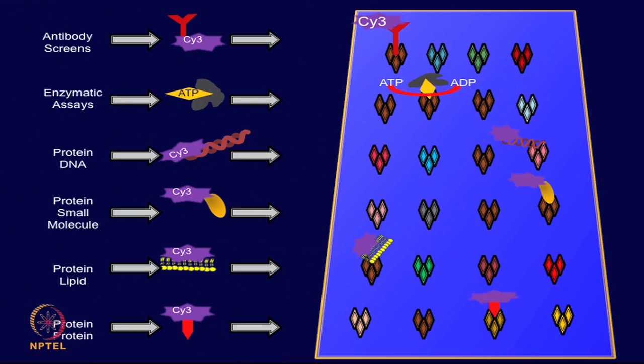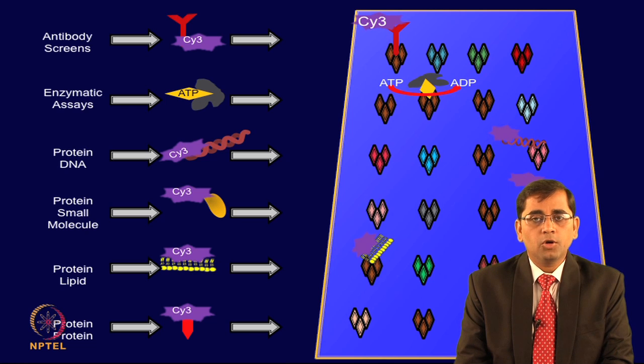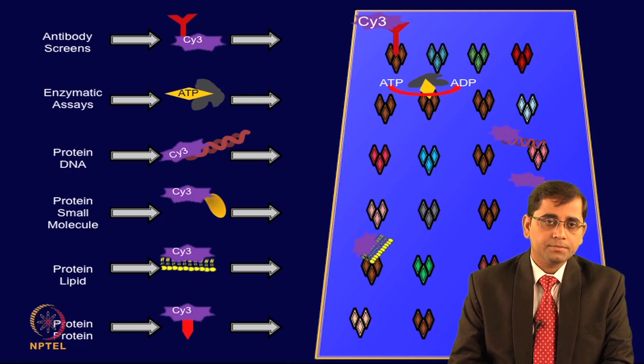After giving you an overview of protein microarray experiment, let us now talk about protein microarray based applications. Protein microarray chips have been used to assay for wide range of applications such as protein-protein interactions, protein lipid, protein nucleic acid, which includes protein DNA, and protein small molecules or protein substrate identification.